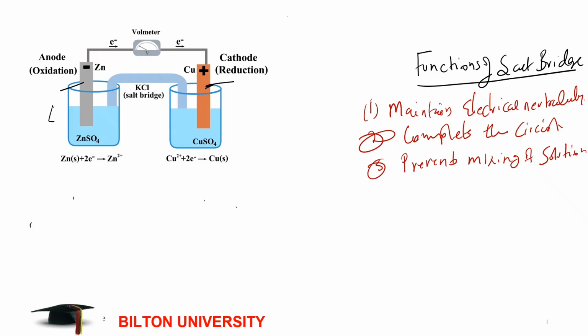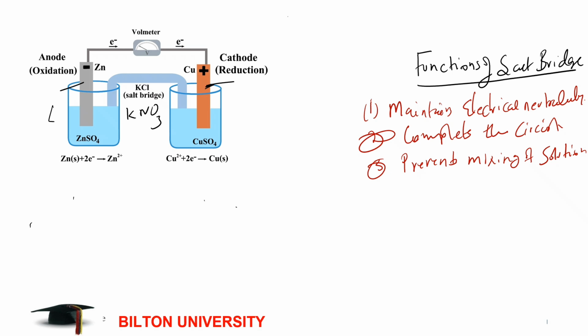Also in this galvanic cell, the two half cells are connected by a bridge called the salt bridge. It's just a tube that contains either potassium chloride or sodium nitrate.